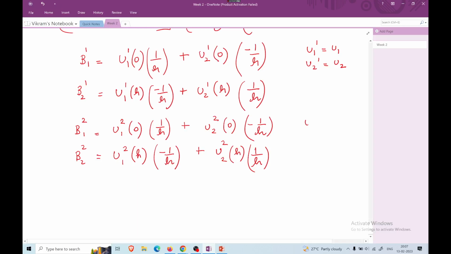Again here u1 u2, u2 u2 is u3. Global 1 2 3. So in this we will try to eliminate some terms.